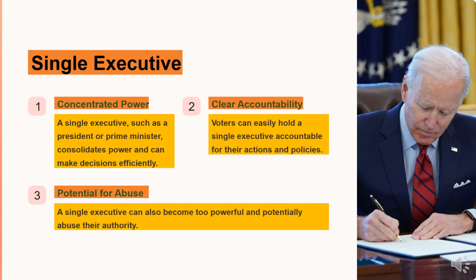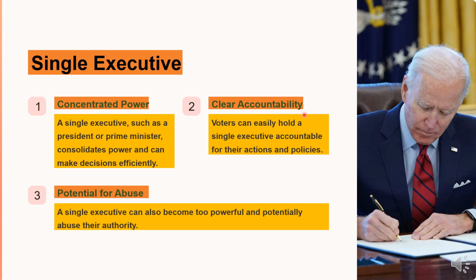Types of executive. First one, single executive. Concentrated power, clear accountability, potential for abuse. A single executive such as a president or prime minister consolidates power and can make decisions efficiently.